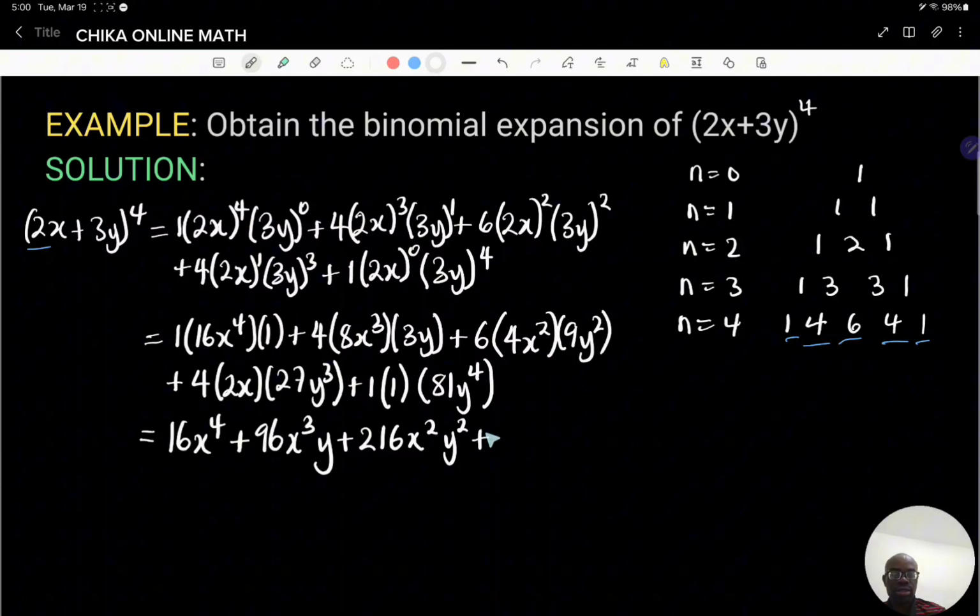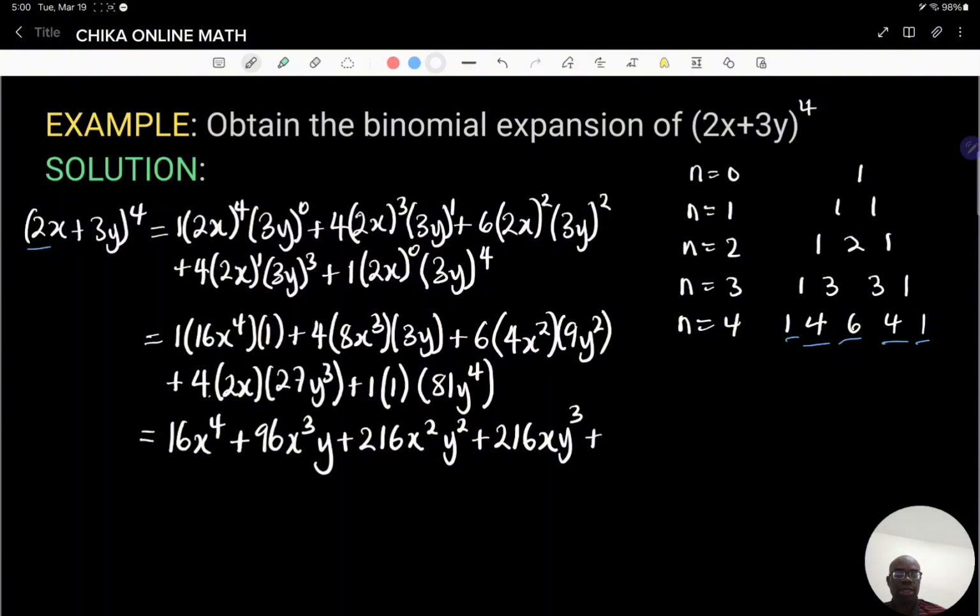Then the next term, we have 4 times 2, which is 8, and 8 times 27 is 216. Then the variables are x, y cubed.